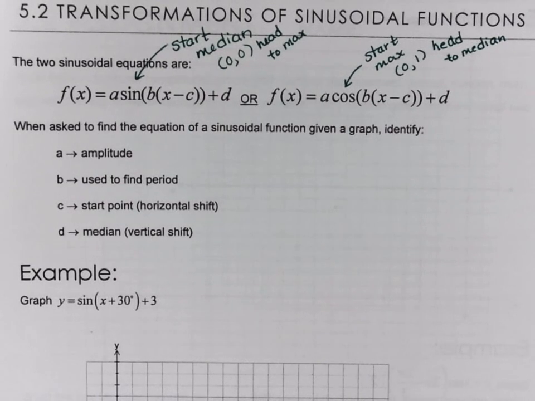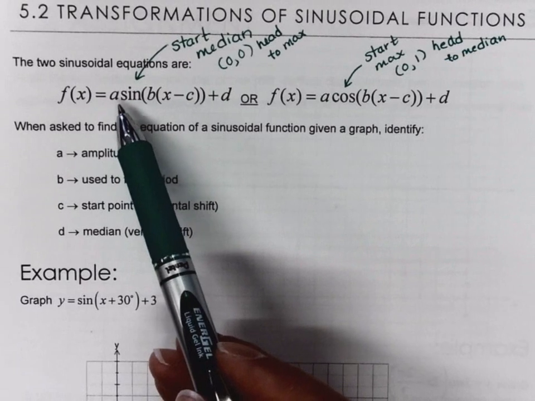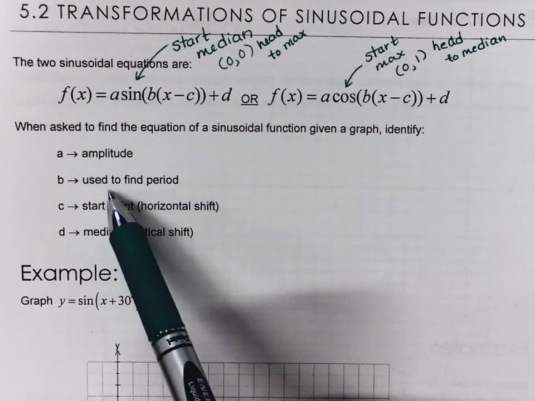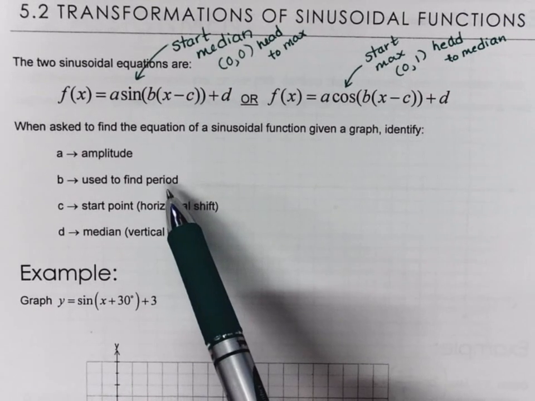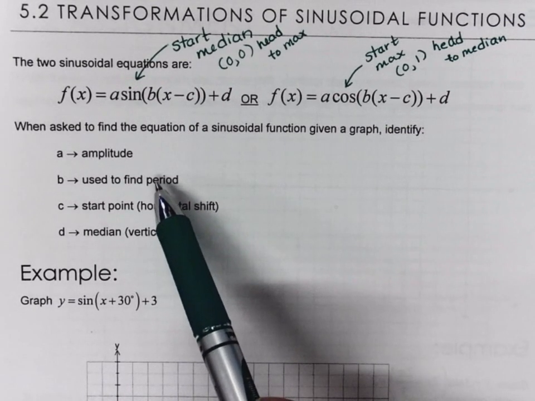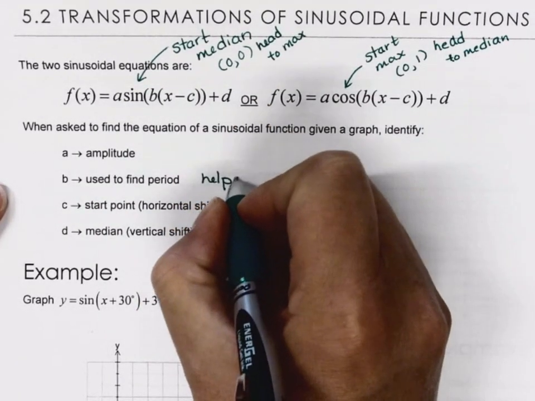Okay, so this is the layout of the transformed sinusoidal graphs. A represents the amplitude. If A is negative, that means there's a reflection. B is used to find the period. It is not the period. It's a helper number.